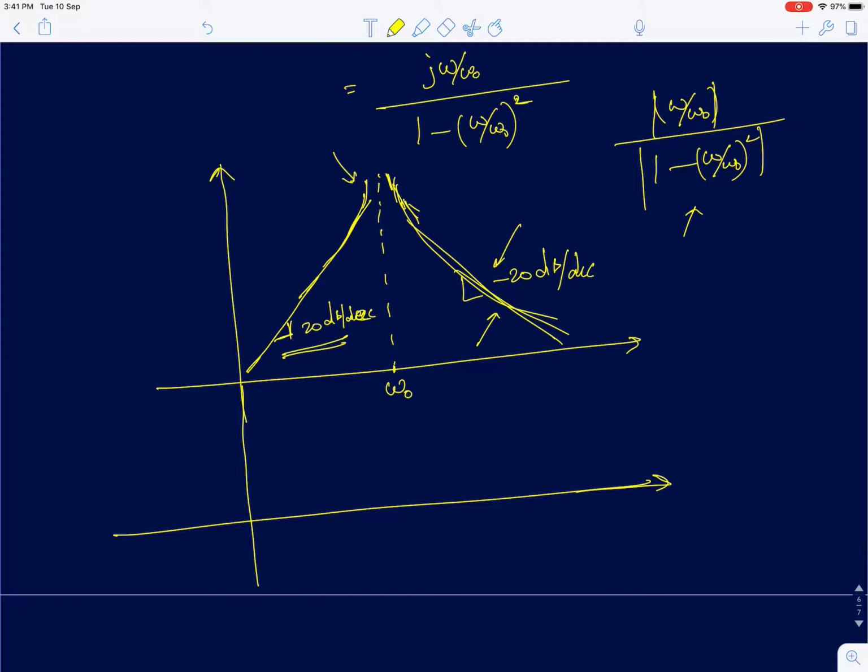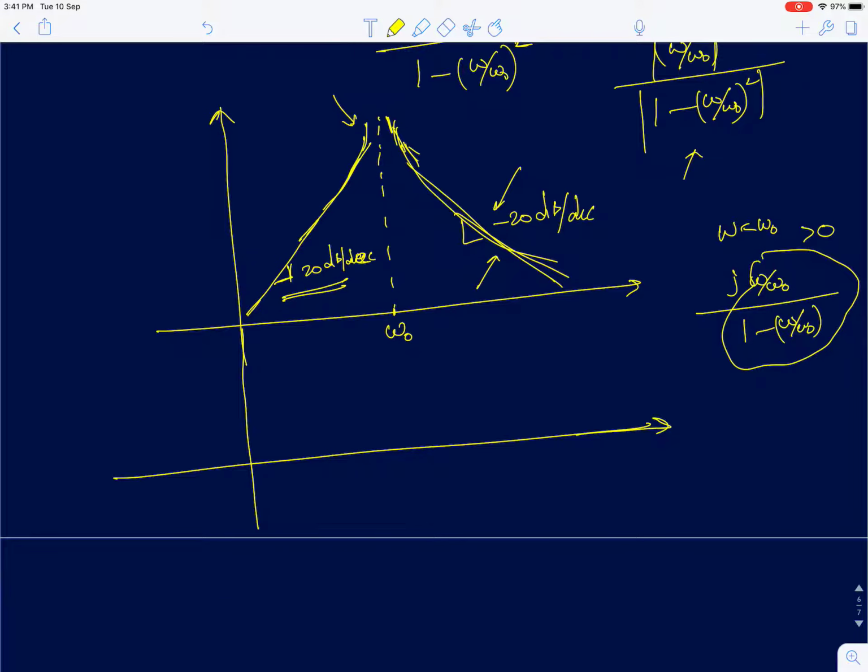For the phase response, to begin with, for any omega less than omega naught, you are going to get a purely imaginary number, j omega by omega naught by 1 minus omega by omega naught the whole square. This term apart from j is always going to be greater than 0. So when I multiply it by j, you are going to get plus pi by 2. The phase is going to be plus pi by 2.